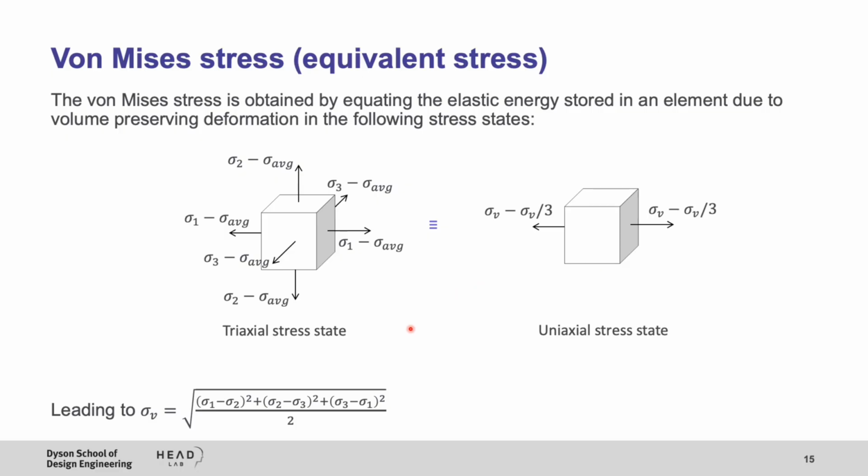This leads to this equation for the von Mises stress as a function of the principal stresses sigma 1, sigma 2, and sigma 3. So essentially, the von Mises stress incorporates the deviatoric deformation of an element.